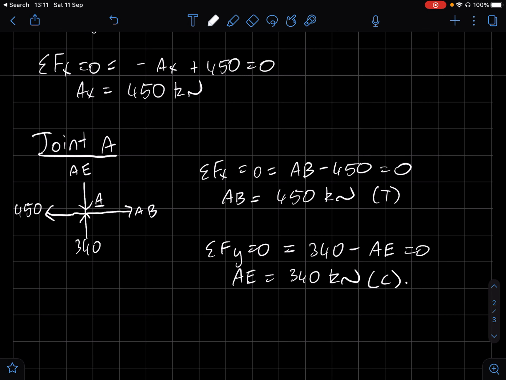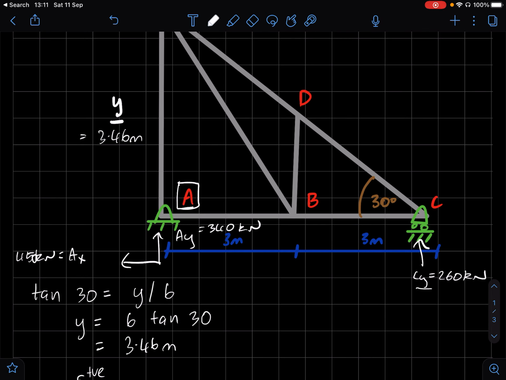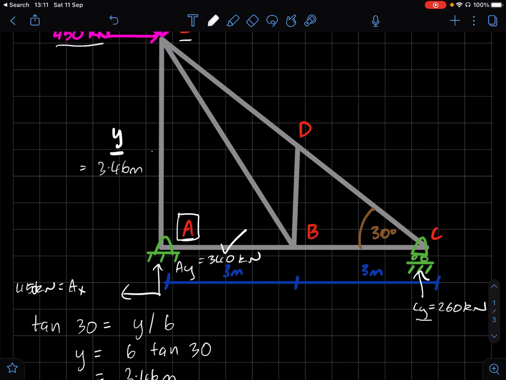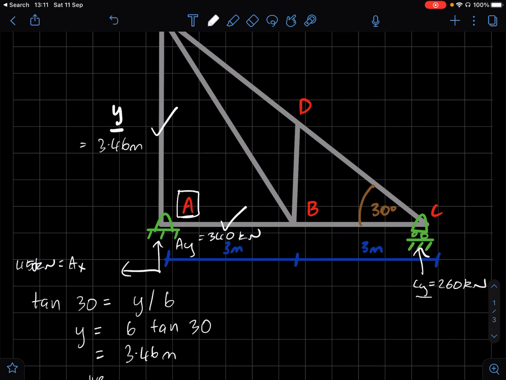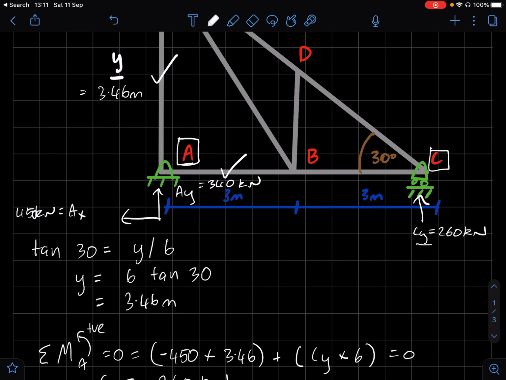So we've just calculated AB and AE. Let's cross them off. So we could look at B, but I think there's a few members in there. We might be easier with just going with joint C. So that's got the CY, and we'll need to calculate the CB and CD members.